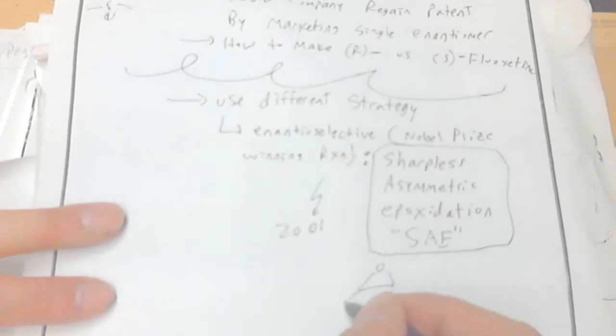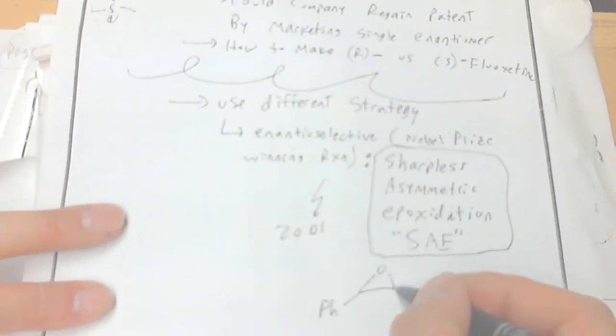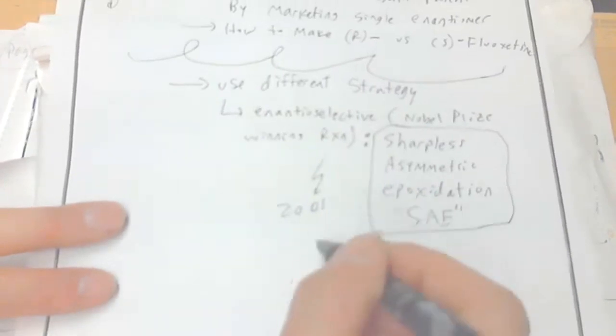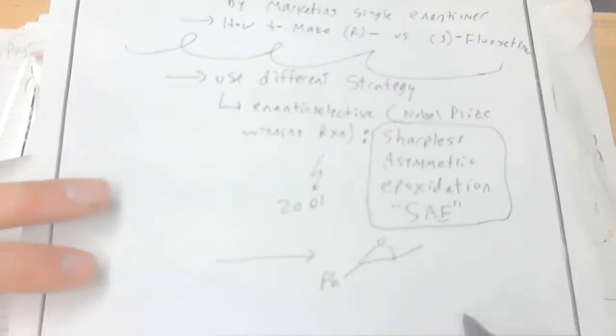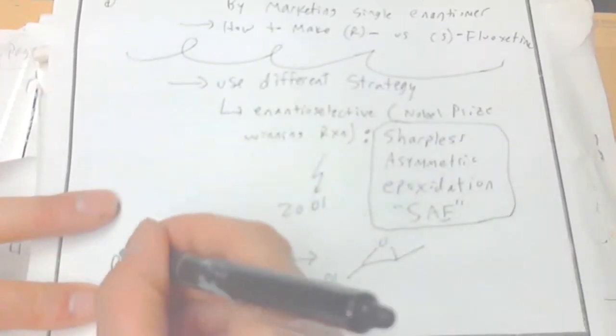If I want to make this boring old epoxide, you guys know how I'd make it using your long forgotten organic 2 knowledge? Anybody know the reagent? It is a 5-letter abbreviation.